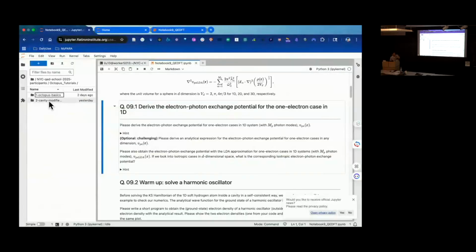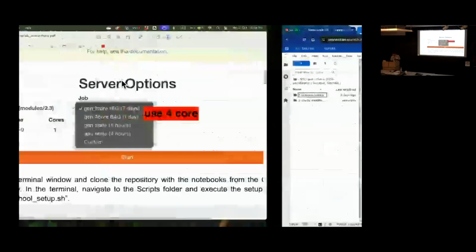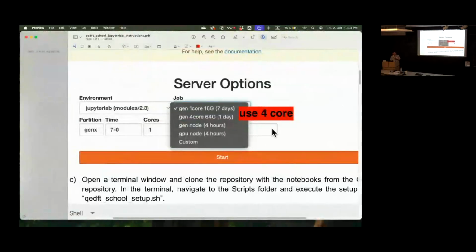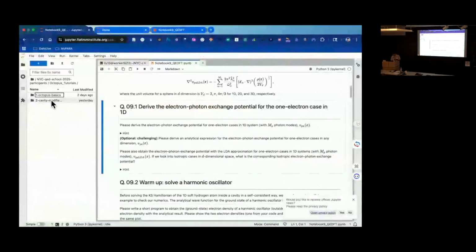there's a directory called cavity model by band structure. And remember that you have to turn on 4 cores when you use Jupyter Lab. Okay. Let me turn it on.